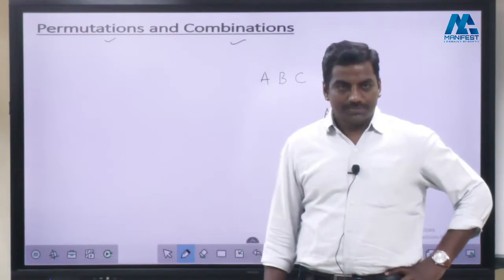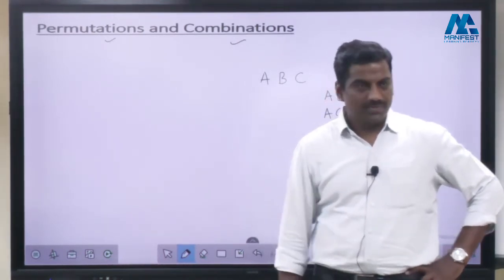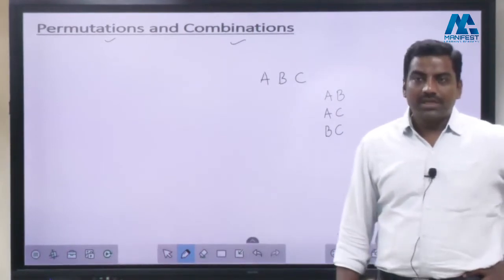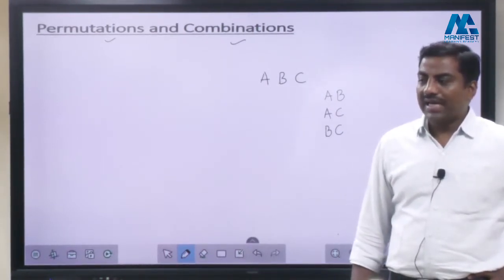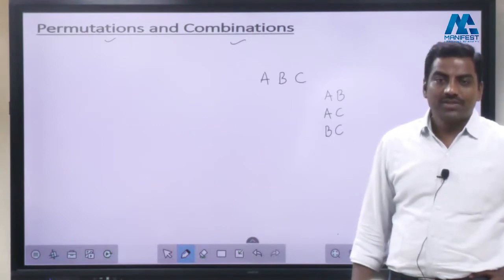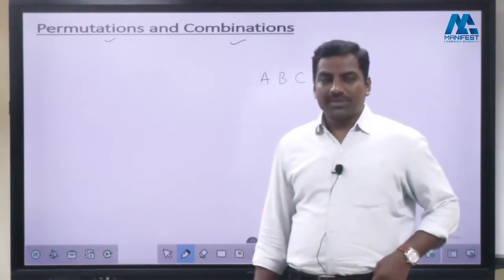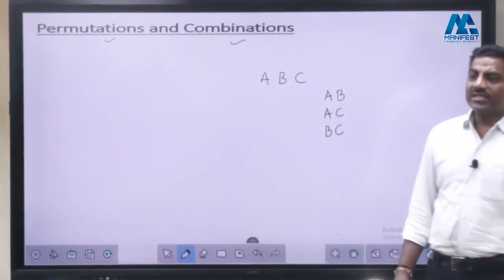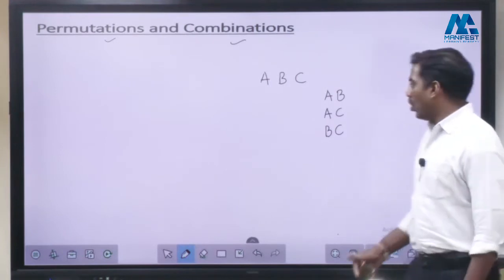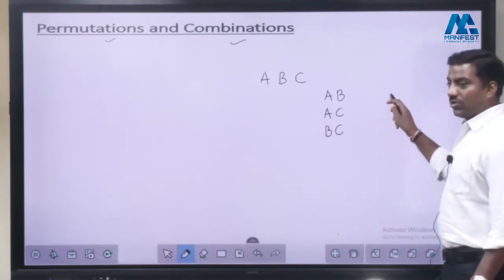Now, I'll ask you to send 2 persons out of 3 persons, but by naming a captain and vice captain. The second task is to send 2 people out of 3 people, but among those 2 people, you are naming one as captain, another as vice captain. So in how many ways can you send a captain and vice captain? AB is also one.